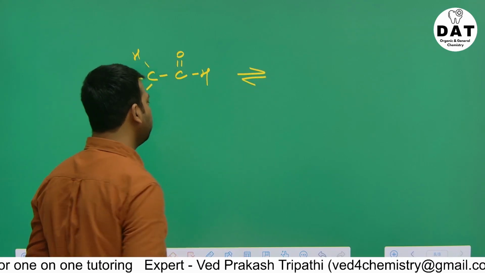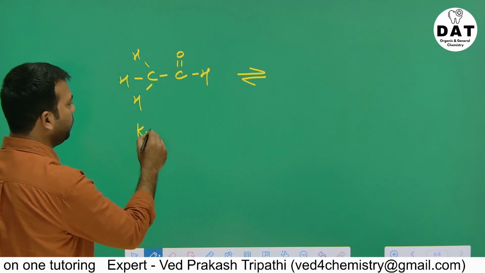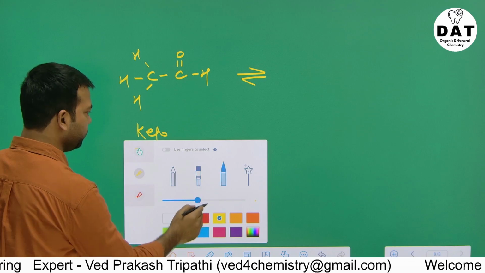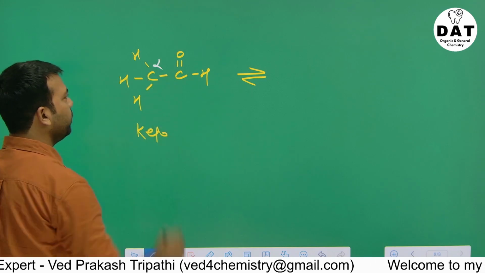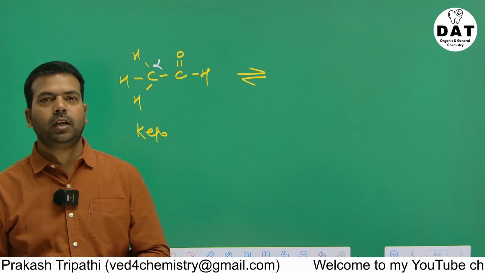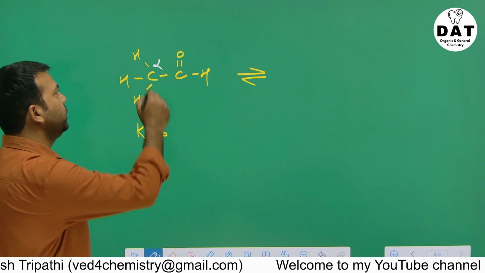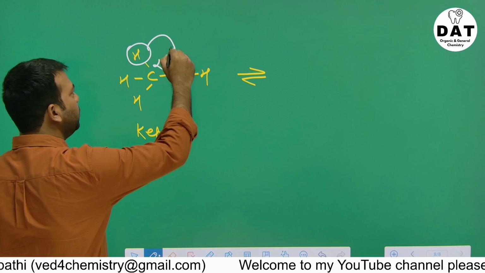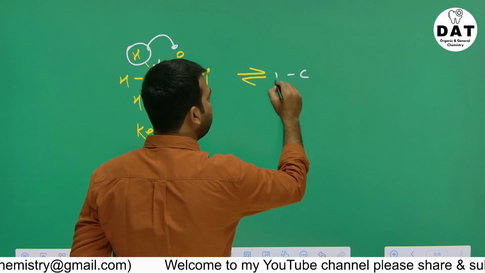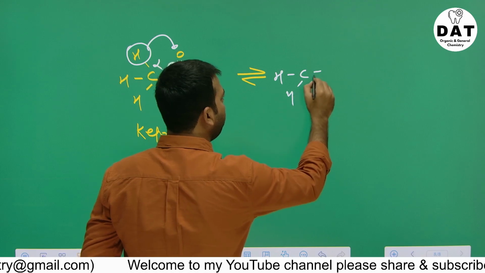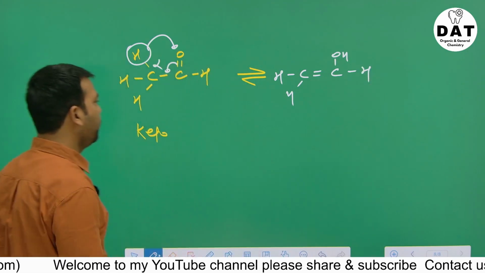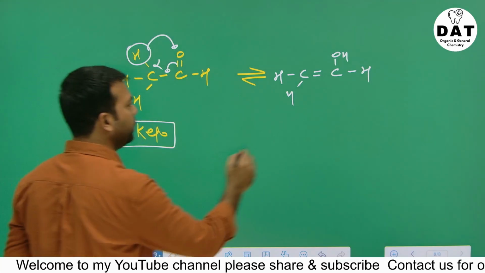This is the keto form, and now we have to draw its enol. This is the alpha carbon. We have to shift one of the alpha hydrogens towards oxygen and the double bond back to the alpha carbon. So you have CH and H, double bond, OH, and this one is also H. So this one is my keto form and this one is the enol.